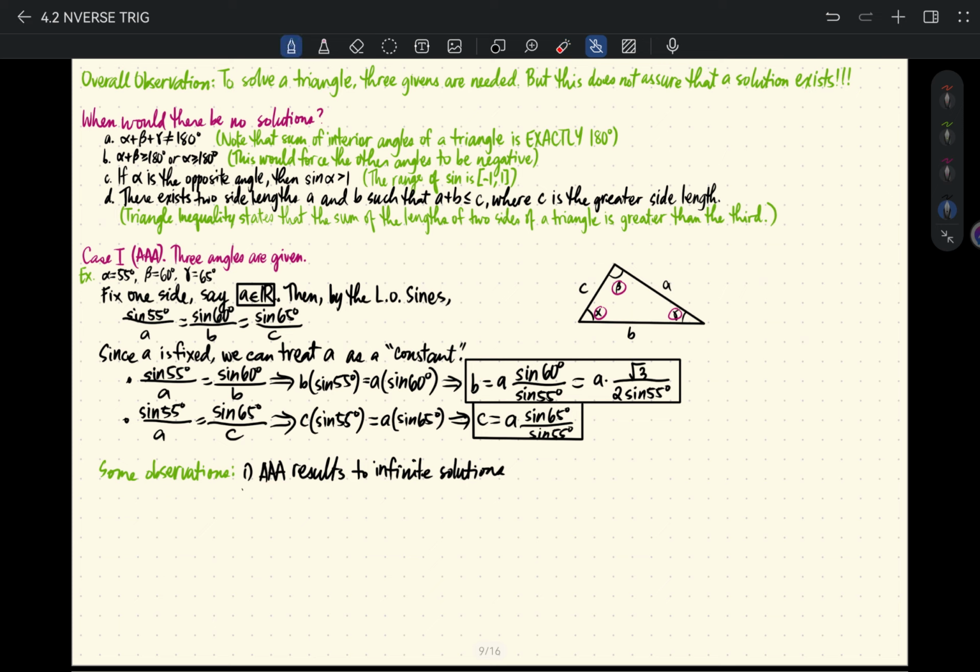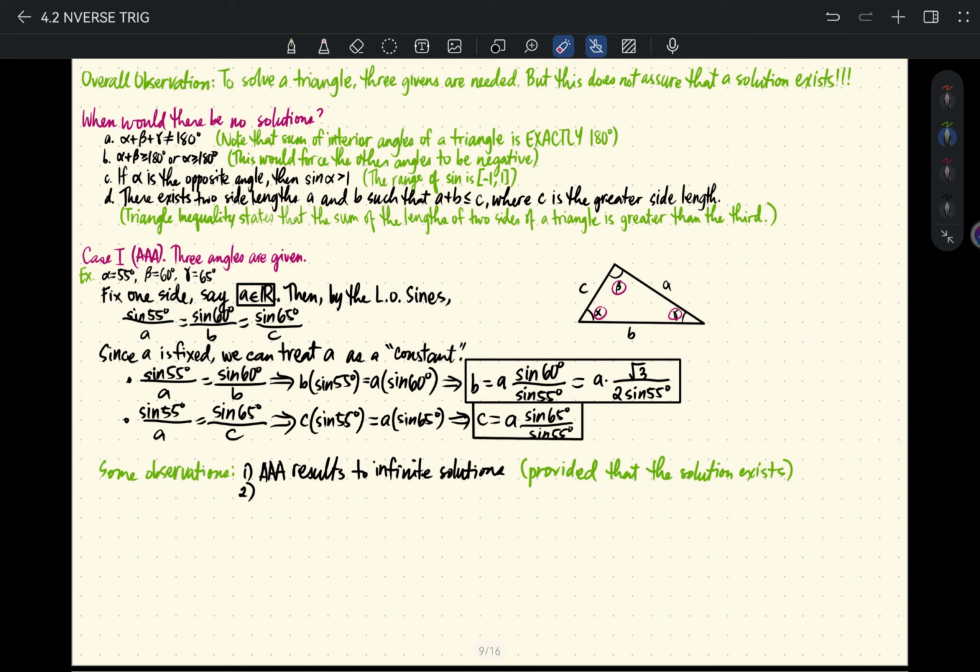And second one, so this one, the first remark, is provided that the solution exists. Now you might ask, when will the solution not exist?